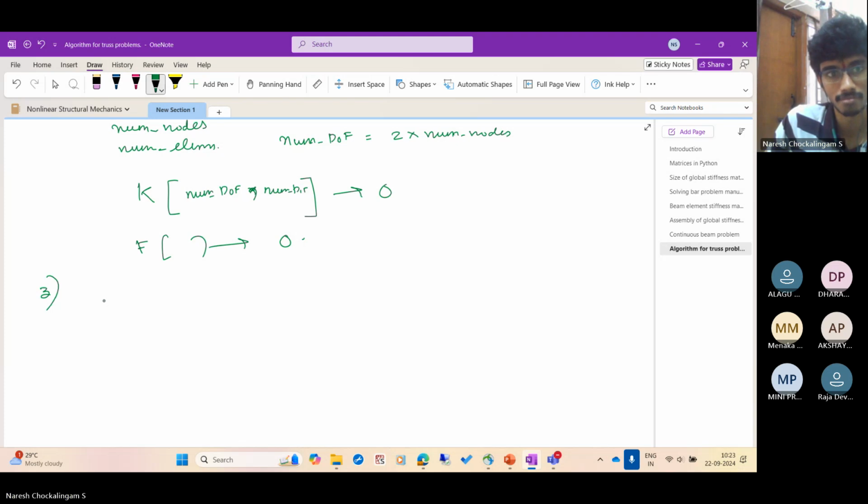Third step. Next, you have to fill it in with the entries. So what is the third step? You have to fill it with entries. Assembly, right?